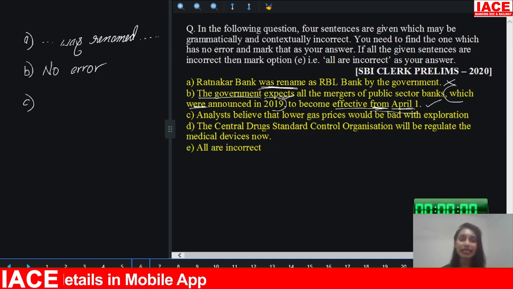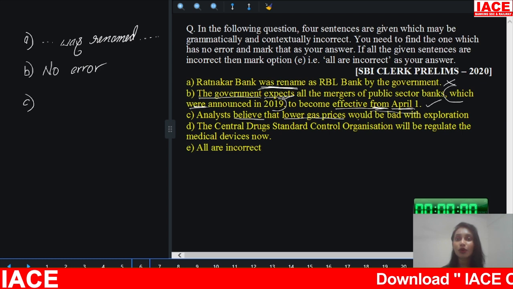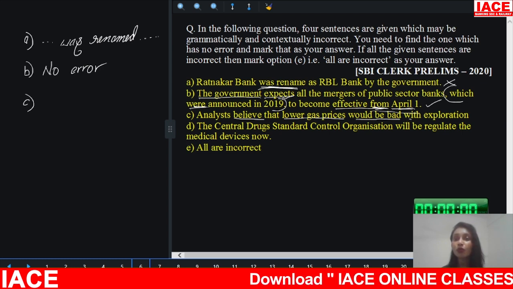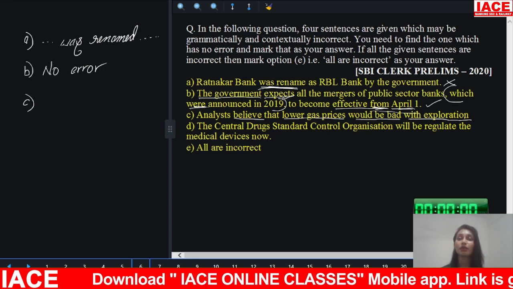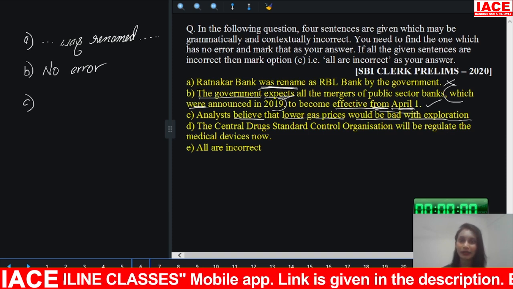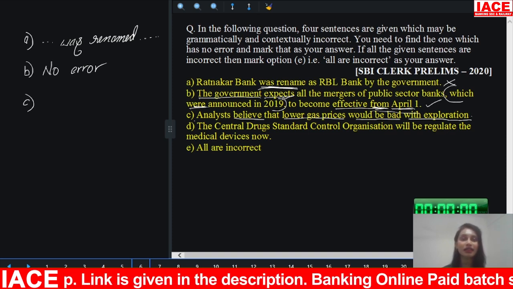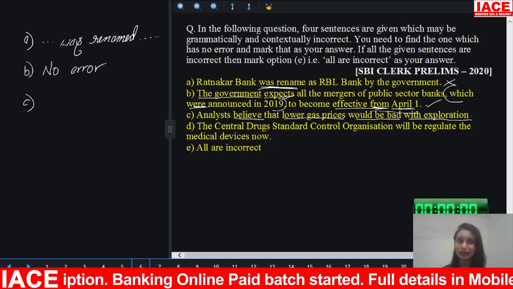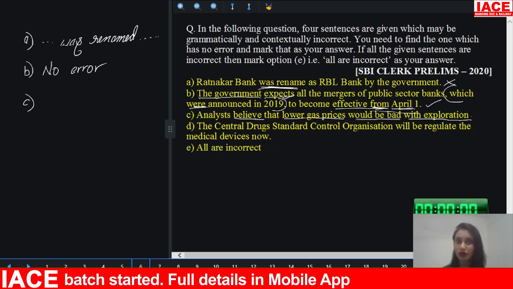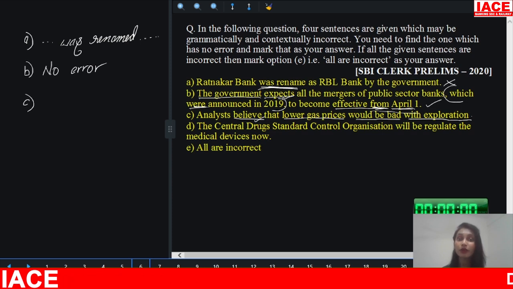Now, C. Analysts believe that lower gas prices would be bad with exploration. What is the error? Look at this. Analysts believe. Analysts, the subject is plural. We require a plural verb. Believe. Correct. Simple present. That. What do they believe?